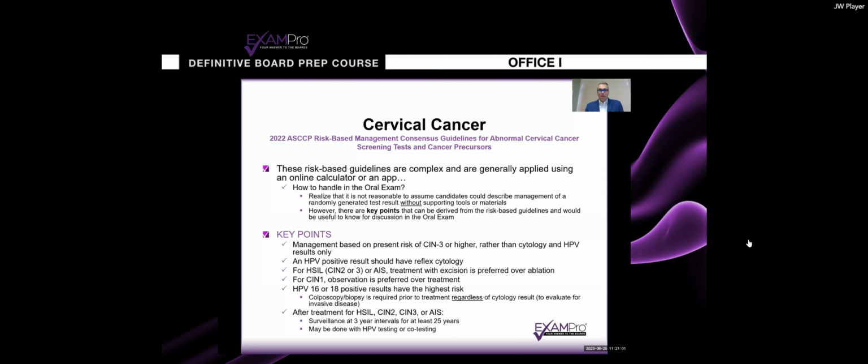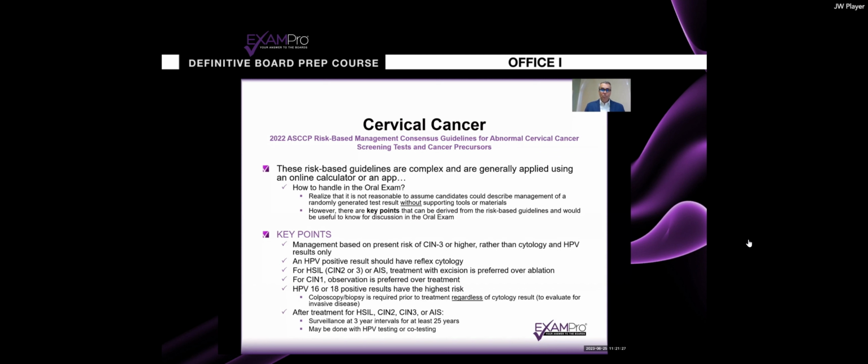Colposcopy or biopsy is required prior to treatment, regardless of the cytology result, to evaluate for invasive disease. So colposcopy or biopsy, not colposcopy and biopsy. I want to make sure I don't confuse you there. If you get a patient with HSIL who's HPV 16 positive, her level of risk is 60% for having CIN3 or greater.